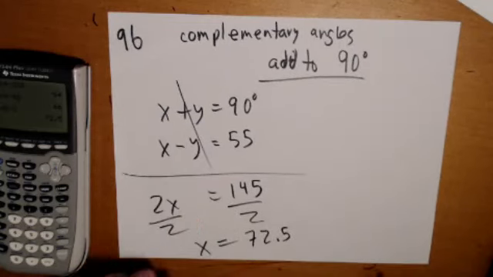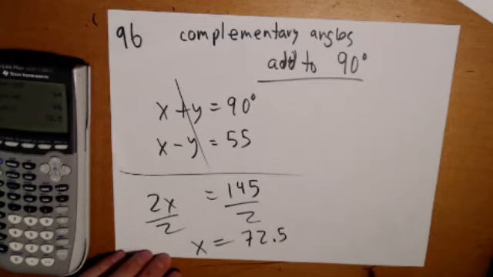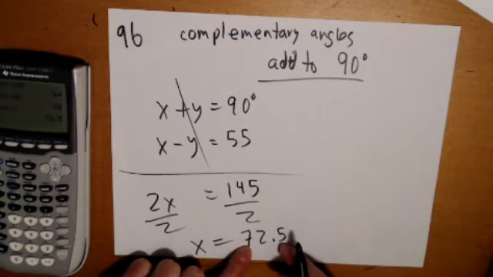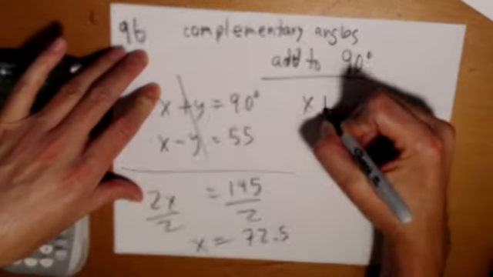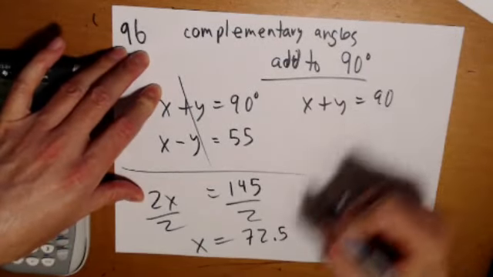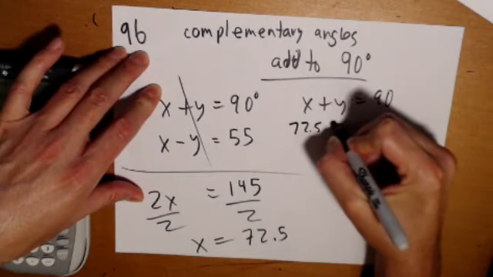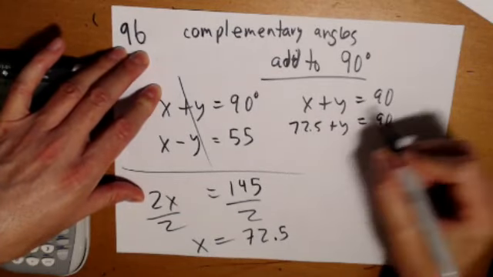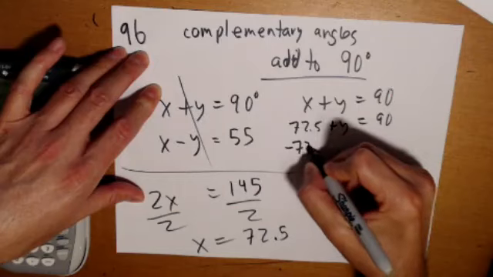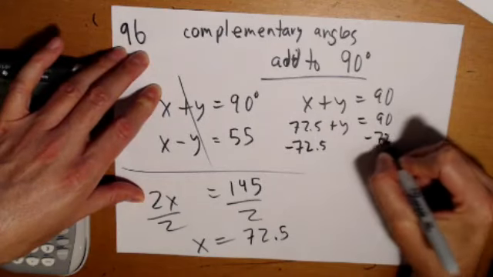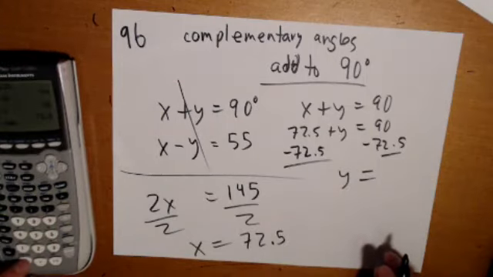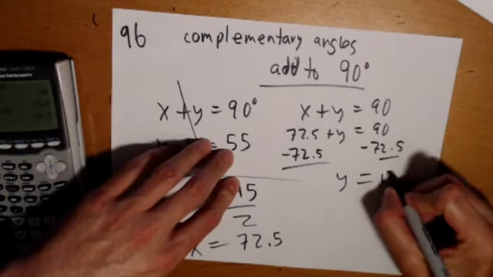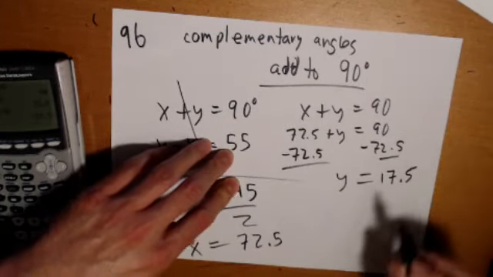72.5. So the other angle, if x is 72.5, and they need to add up to 90, so let's write x plus y is 90, but x is 72.5, plus y equals 90. Subtract 72.5 from both sides, and so y must be 17.5.